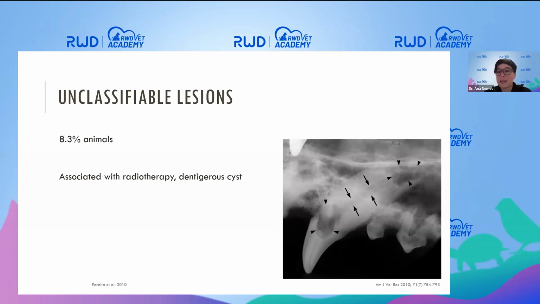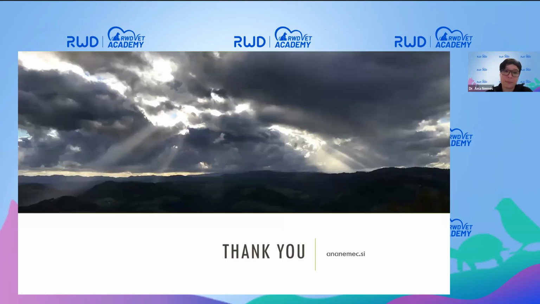Those were cases that had all different weird types of resorption, such as internal resorption and external inflammatory replacement resorption. So a very unusual combination of resorptions, and these were usually associated with either previous radiotherapy or dentigerous cyst. Why? There is no clear answer.